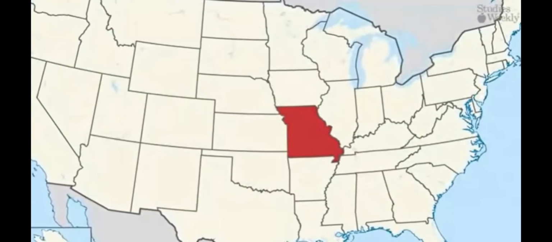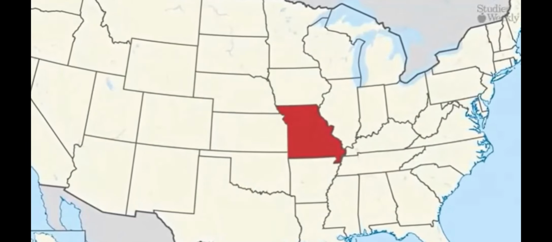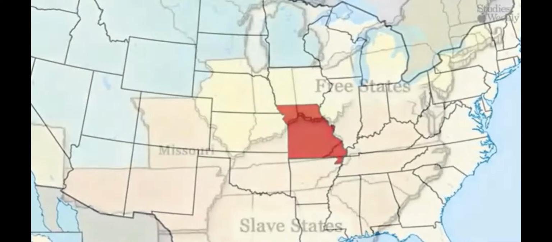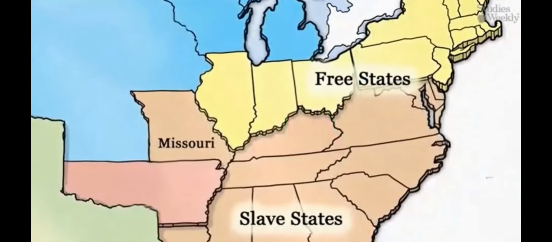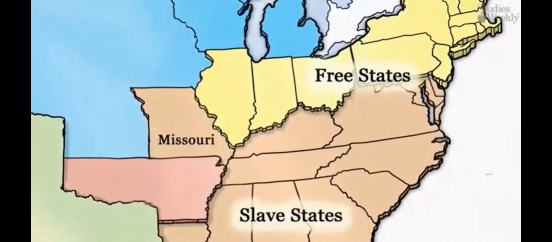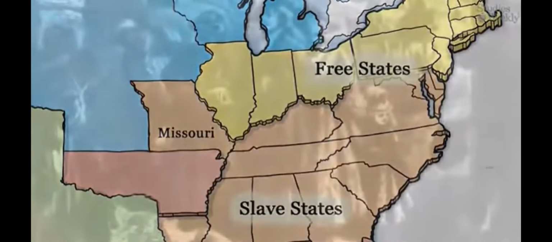The Missouri Compromise of 1820 can be seen as the first really political manifestation of the tension between North and South over the future shape of the country as westward expansion increased.